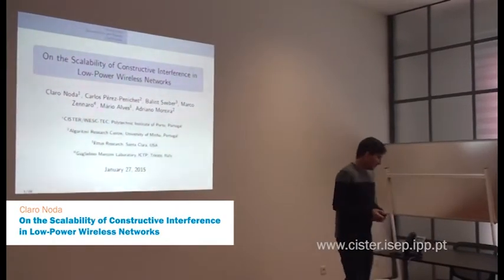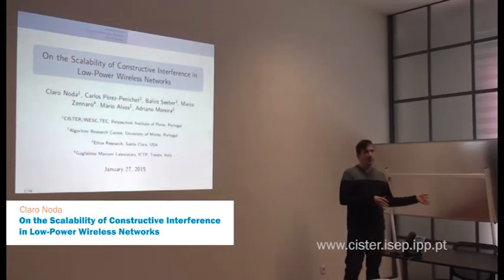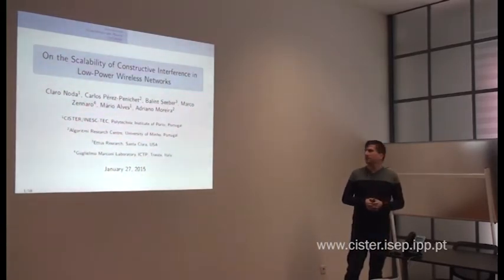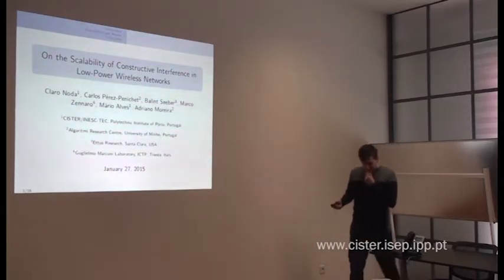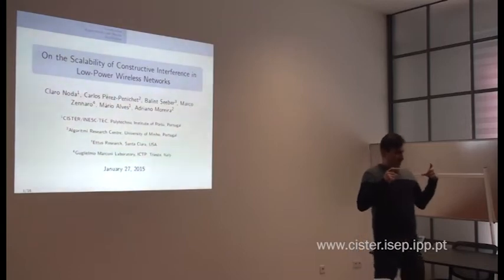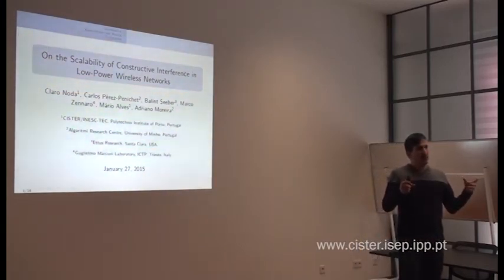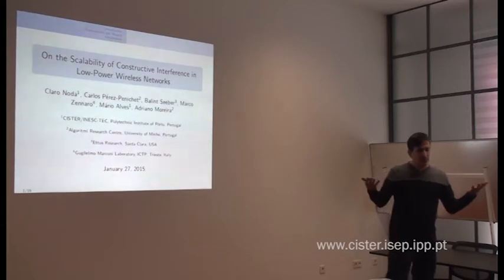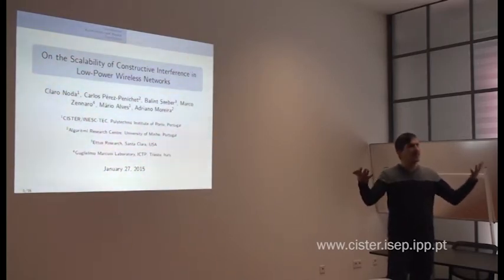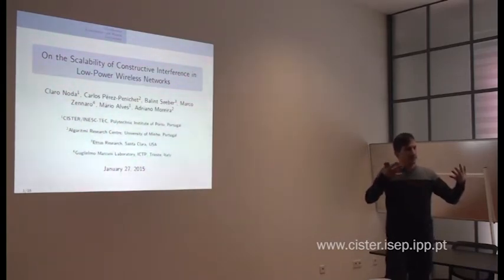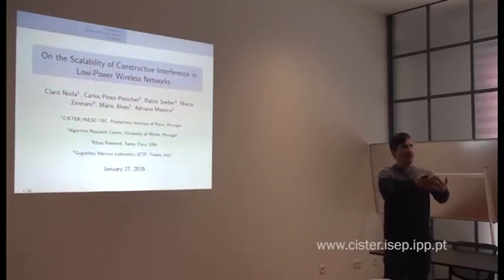So what I'm going to be talking about today is work that I have been doing for a few months last year, maybe like 8 months. There is a very interesting technique in low power wireless networks, and in wireless networks in general, which is if you want to make more than one transmitter transmit the same information concurrently, it is expected that the information can add up constructively in the receiver.